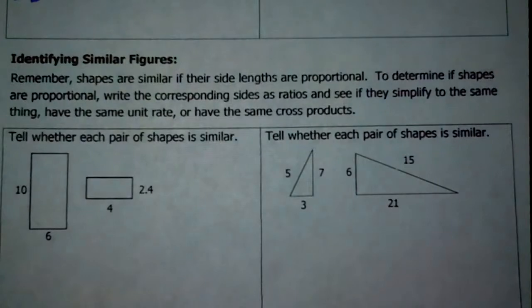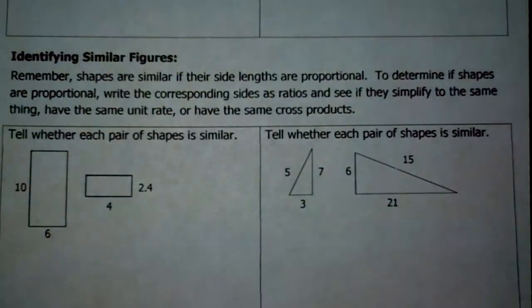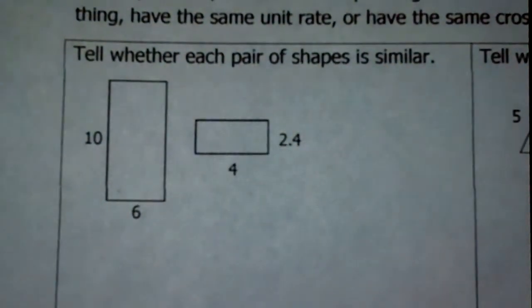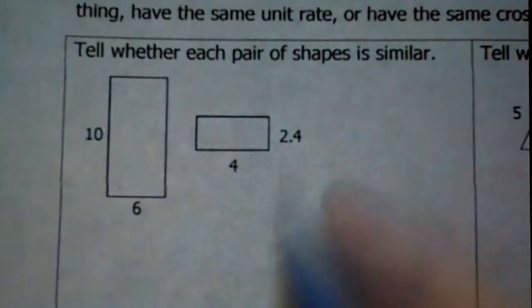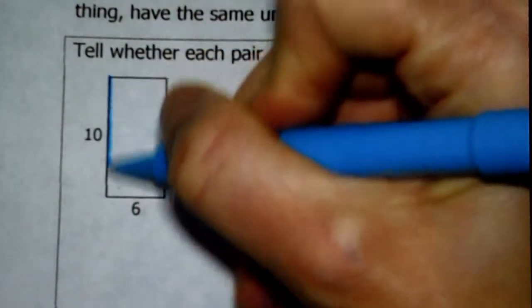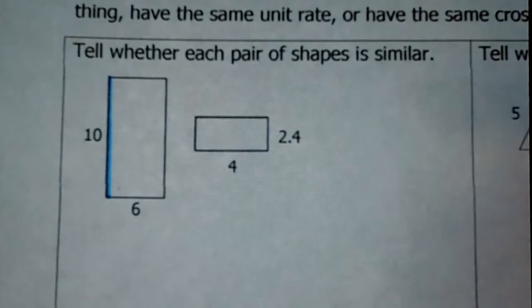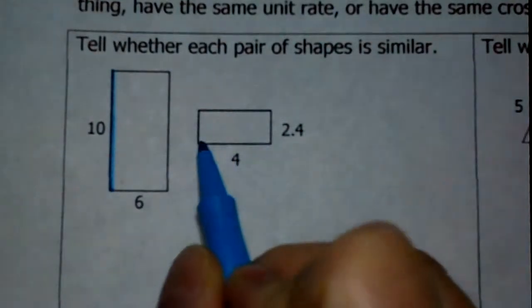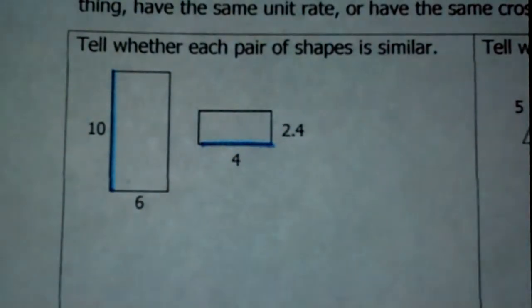Okay, so here are two rectangles. Notice that they're not in the same exact position. That's all right. You could redraw it in the same position if you want, or I'm going to just match up. Okay, so I see this side length here. This is a 10. Side length 10 is the longer side length of the two. So the side length on this shape that would match up would be the 4, because that's the longer side length of the two.